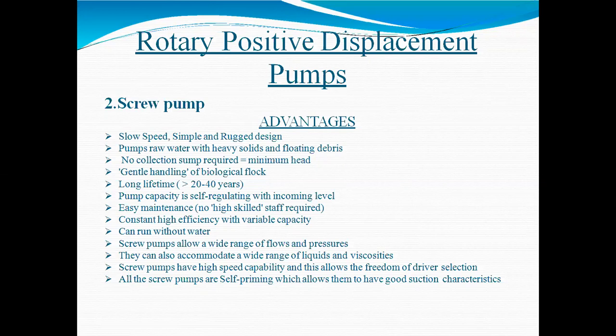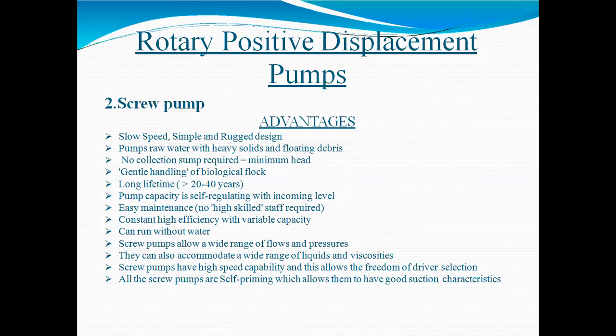It will allow continuous discharge. And it can operate at a maximum speed of 3500 rpm. So the maximum range of this type of pump is 3500 rpm.